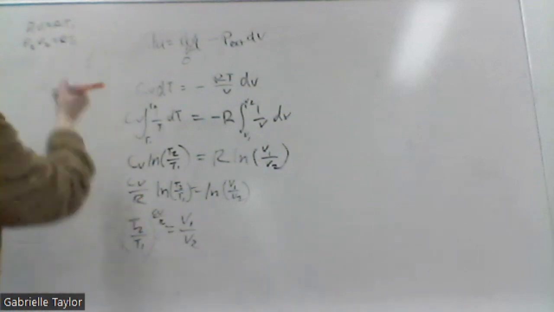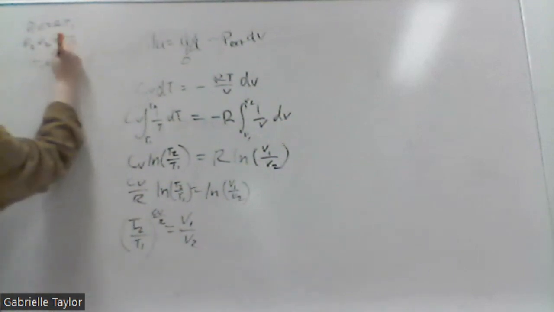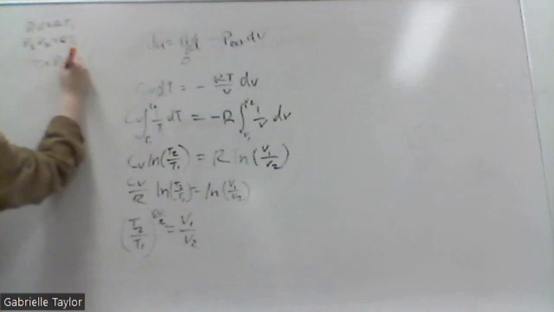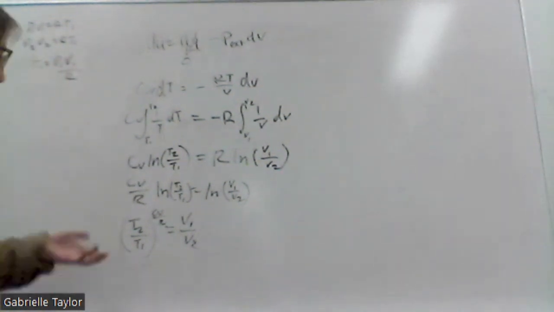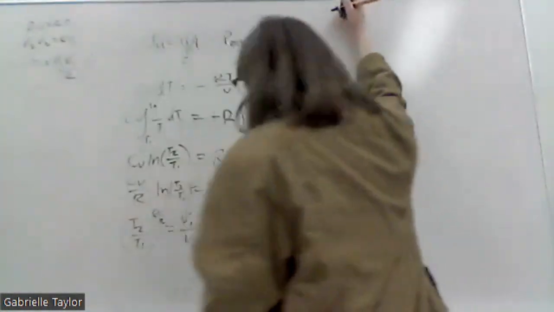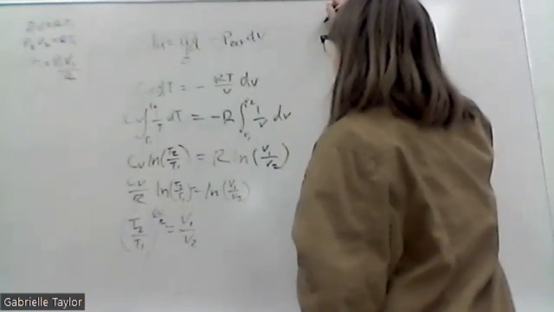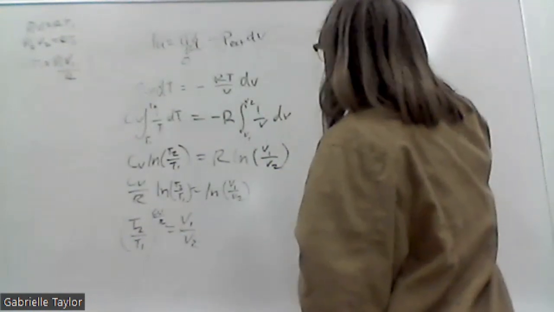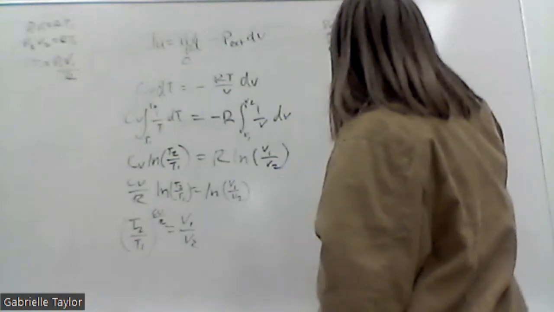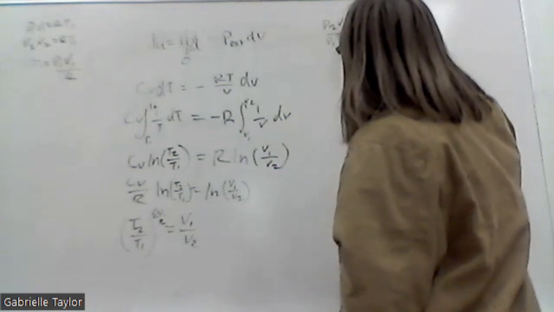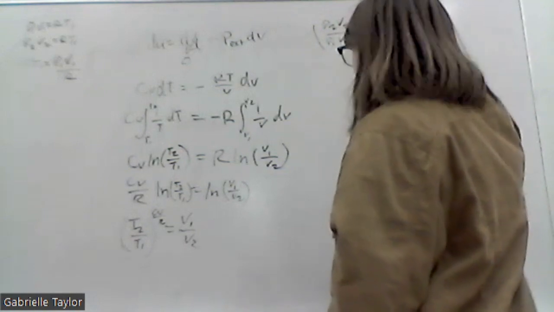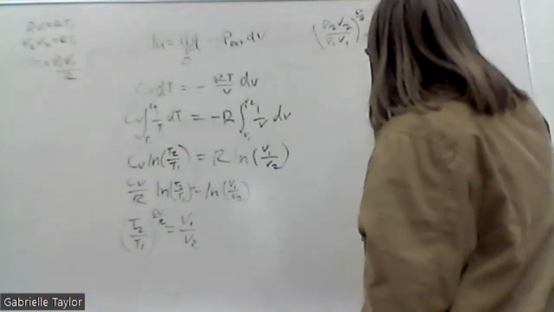And then we can just solve for T, so it's going to be P1 V1 over R, and that goes for 2 as well. So let's write that and put that in. Okay, now I know that our R's are going to cancel out because it's on the bottom and the top. So then it's going to be P2 over P1, and this is going to be just Cv over R. This is going to continue being V1 over V2.